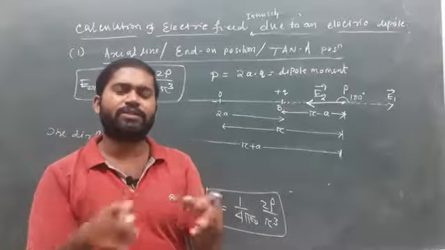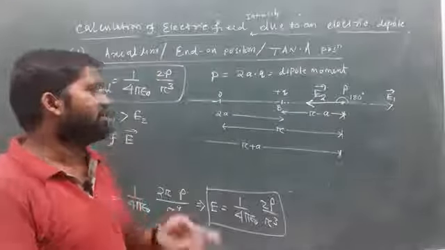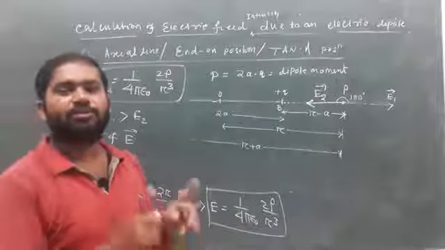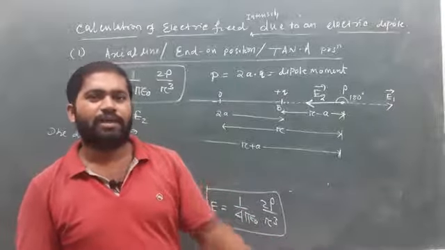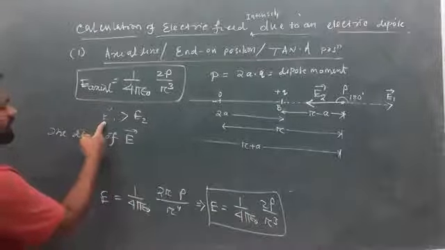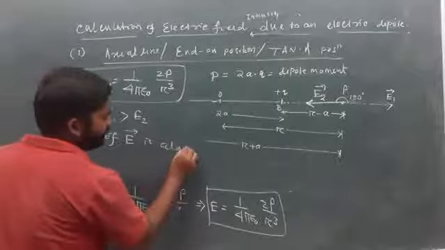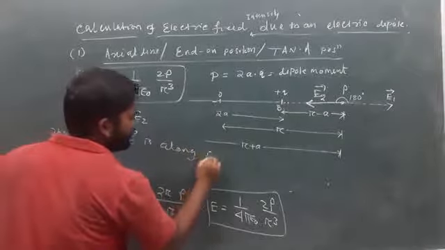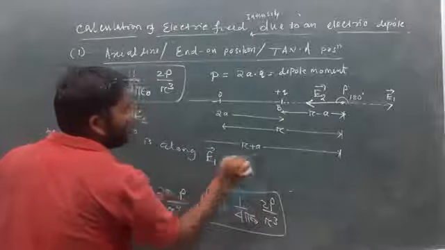When the angle between them is 180 degrees and one vector is greater than the other vector, the resultant field is always along that greater vector direction. So as the E1 vector is greater, the direction of E is along the E1 direction.